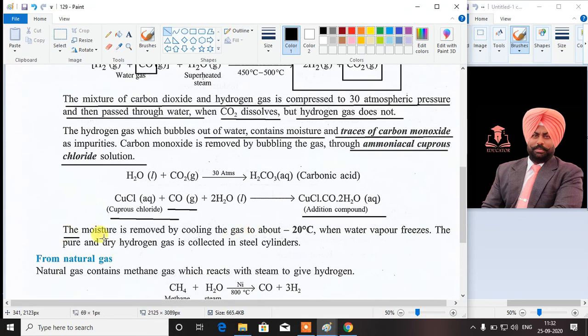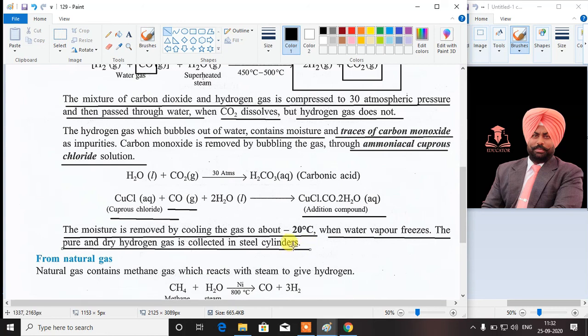These water vapors are removed by cooling the gas at about -20 degrees Celsius, where water vapor freezes and hydrogen gas does not freeze. The hydrogen gas is collected in dry steel cylinders.